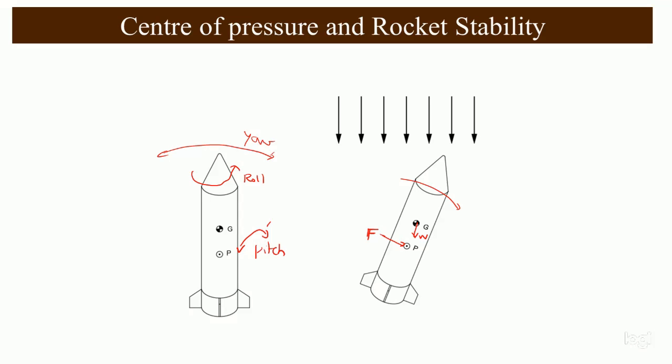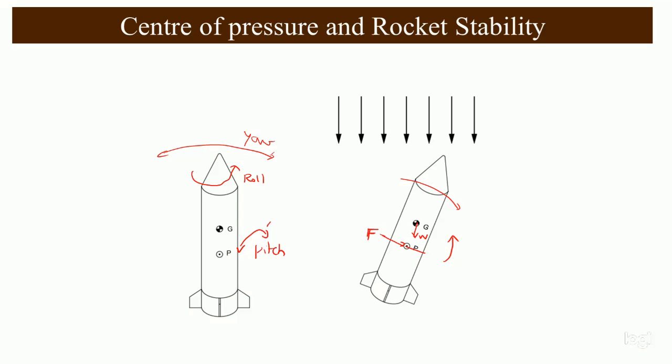Now you observe this particular one and this particular one tries to counteract. Here the weight is acting here, and the pressure force is acting here. Now these two make the rocket go the other way around. Because of these two forces, in terms of this line, this is trying to get it back.